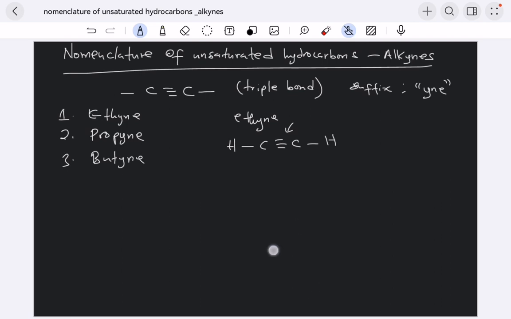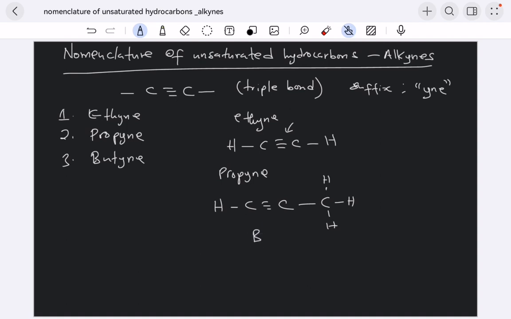If we look at propyne, we have a triple bond existing, then we're going to have something like this. We're looking at the structural representation of it. So there's always a triple bond, then the carbons.